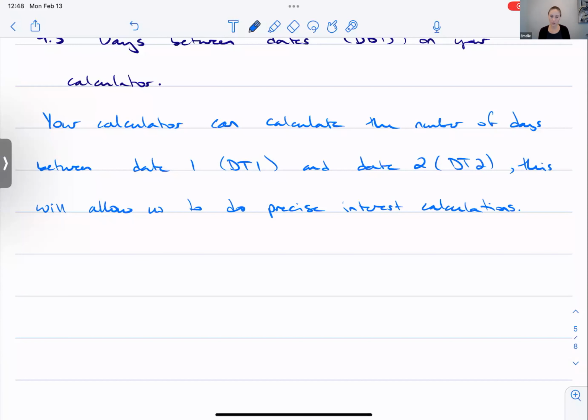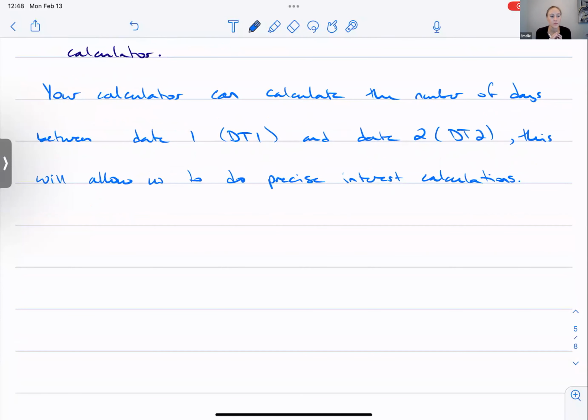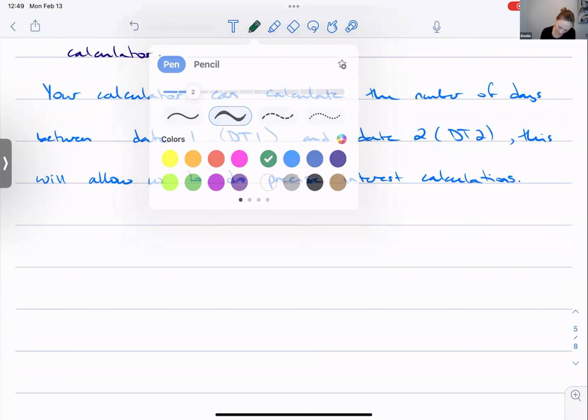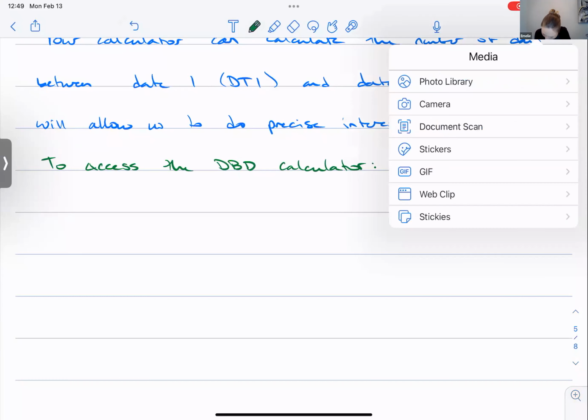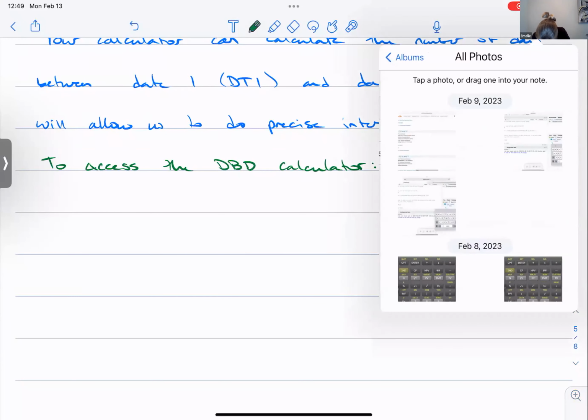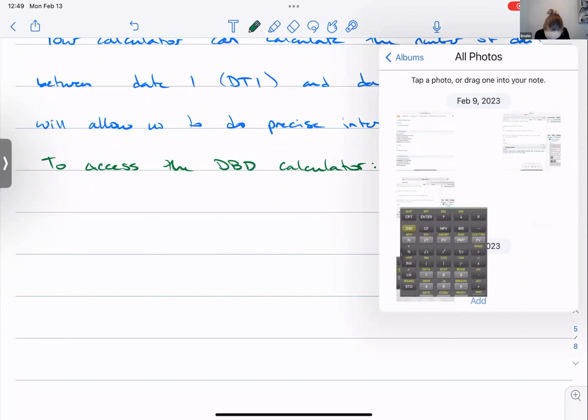Okay. So to access the days between dates calculator, the first thing we're going to do, and maybe I have a screenshot. Well, I know I have a screenshot of the calculator here. Maybe this one.